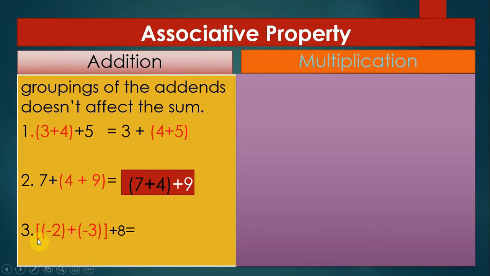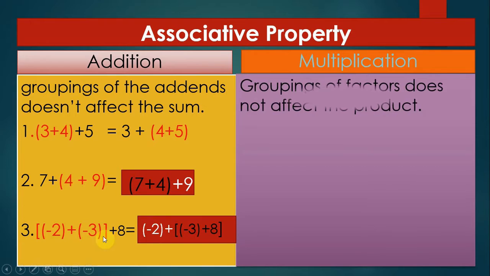Okay, number 3, negative 2 plus negative 3 plus 8. When we regroup this like this, the answer for this and the answer for this is the same. So groupings of the addends doesn't affect the sum.